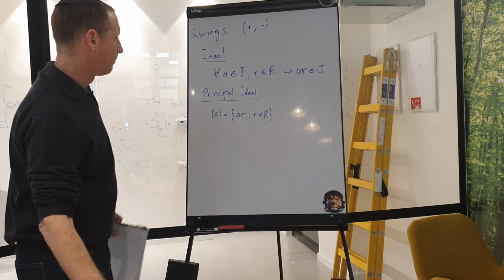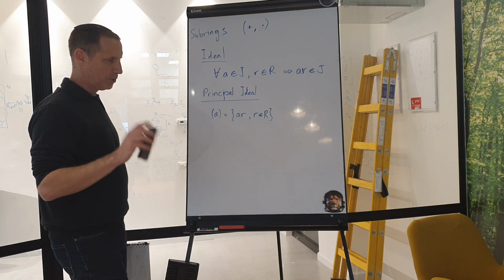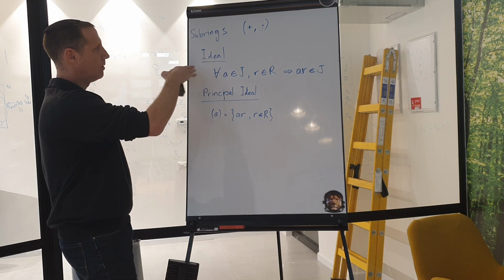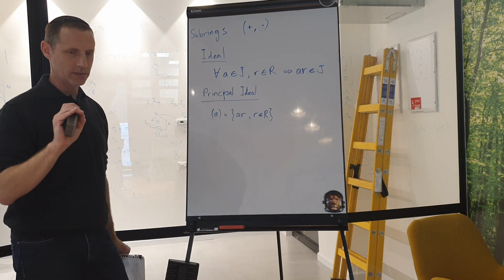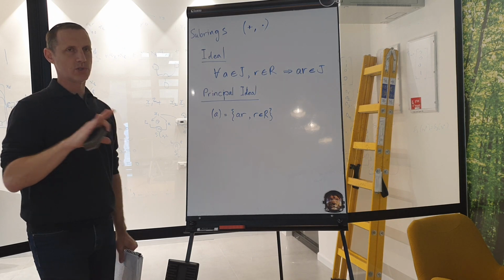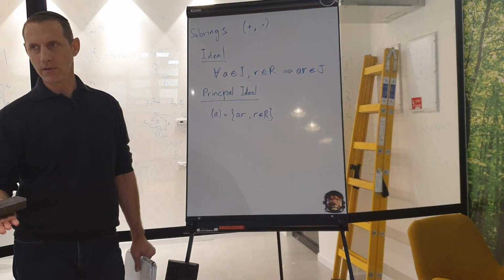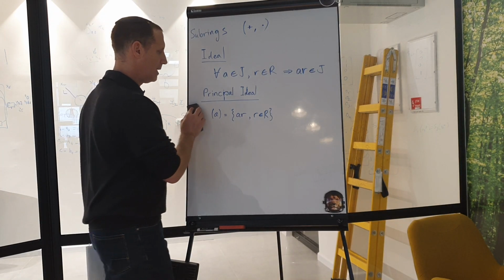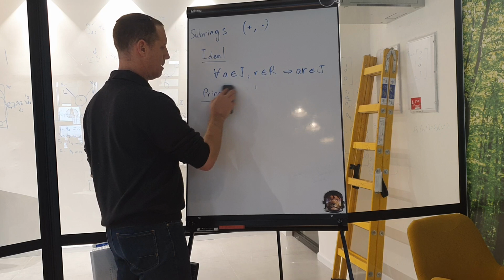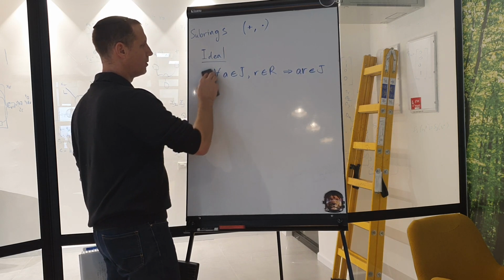Now, we mentioned briefly where this whole ideal thing came from. So I'm going to talk about it, it's not so relevant for what we need to keep going, but I think it's worth mentioning. And again, without proof, if you want, you can look into it.